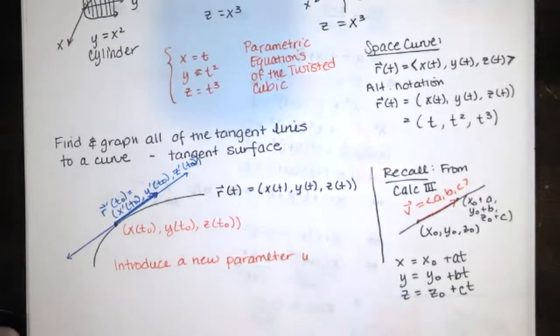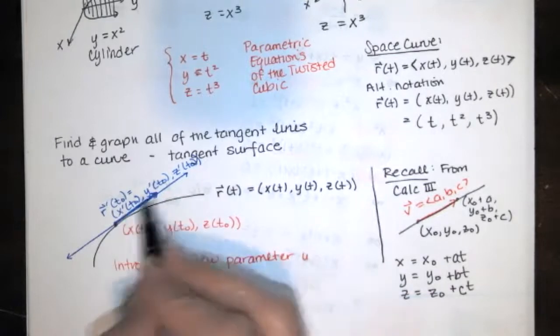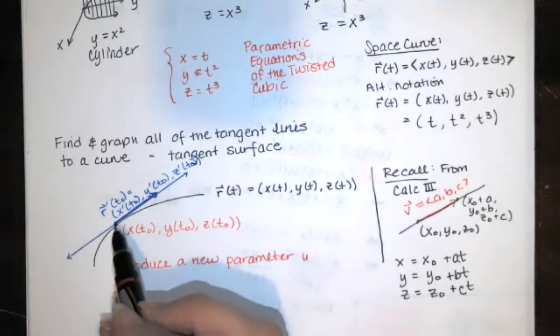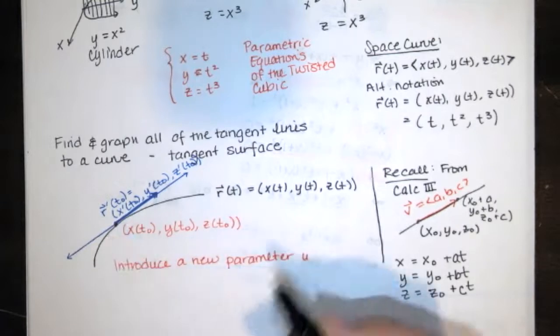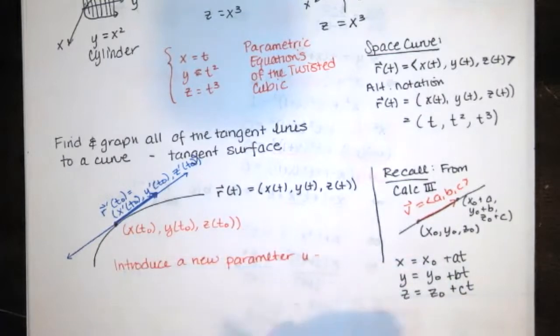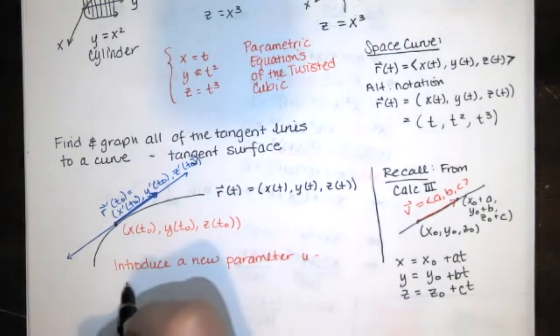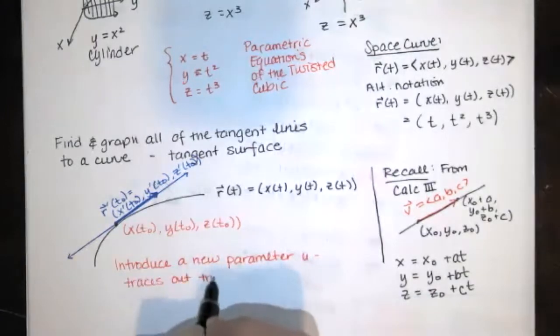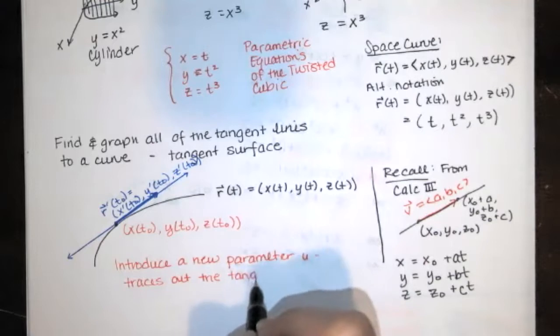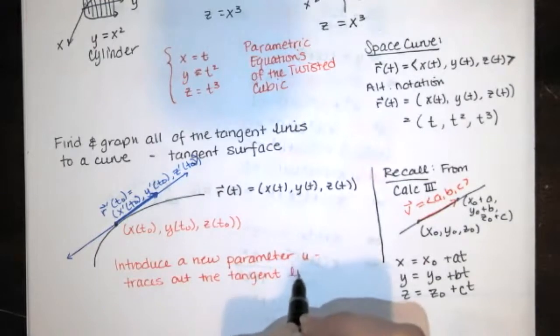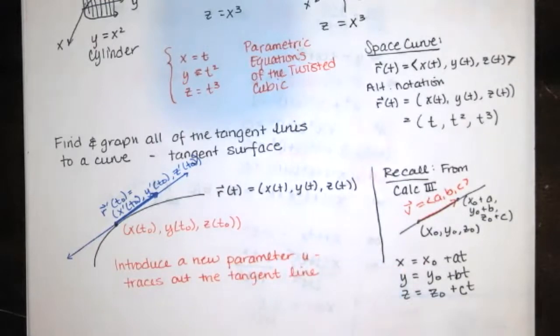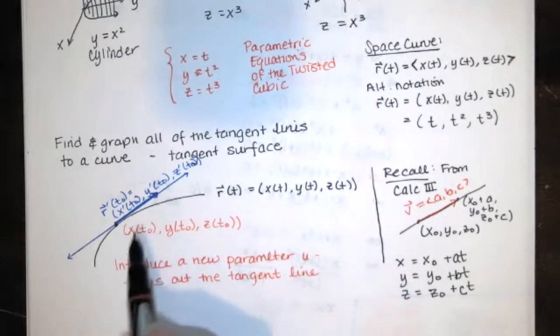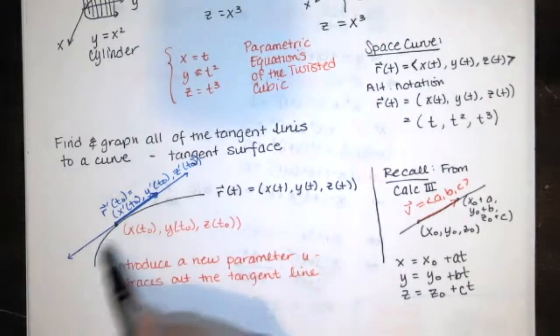So the parameter u gives a particular location on the tangent line from that point of tangency. And the parameter t gives us a particular location on this curve.